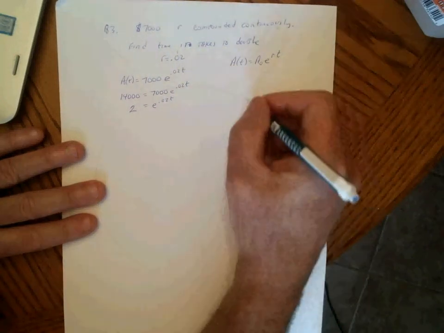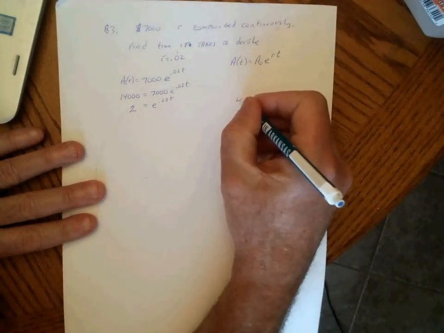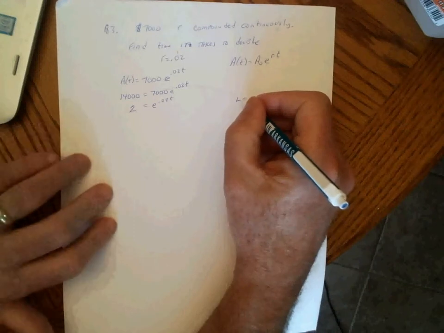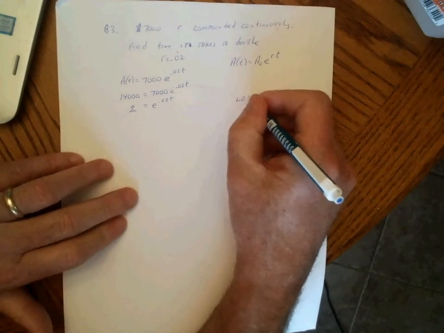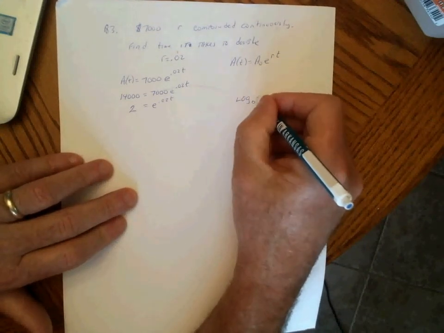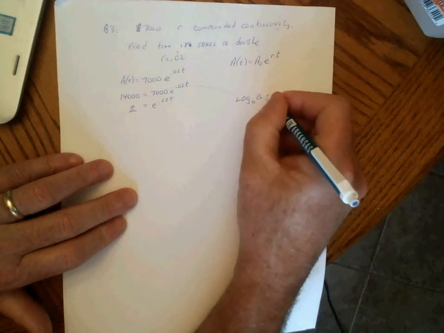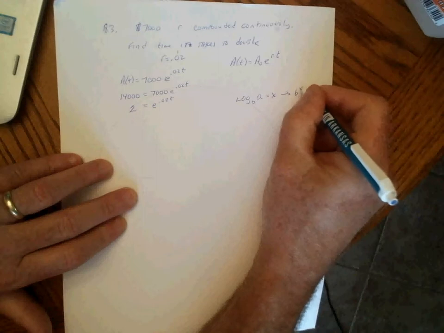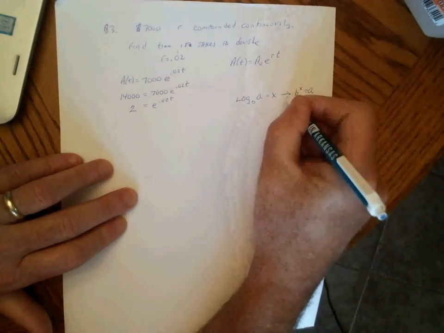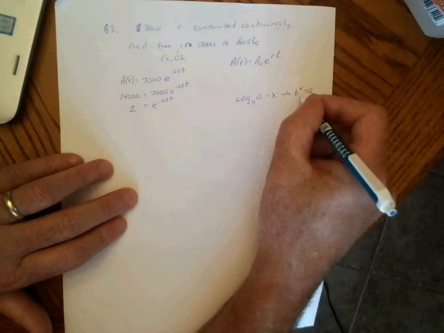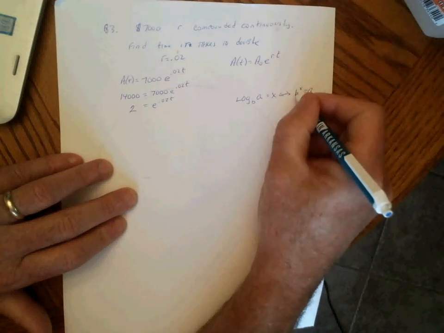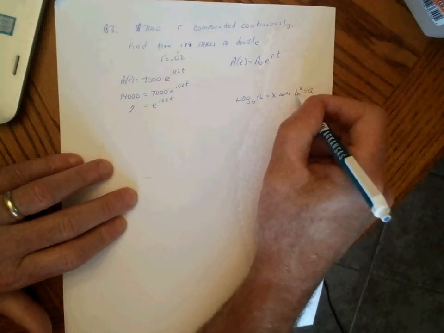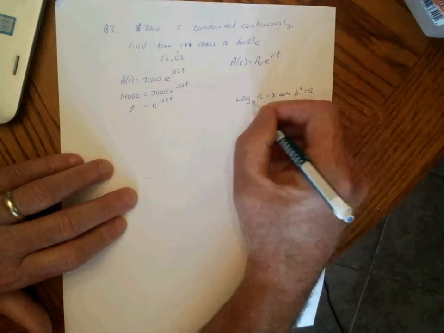Recall our first lessons on logarithms in the classroom. If we had log base b of a equals x, then that means b to the x equals a. If we can convert from logarithmic form to exponential form, we can convert back from exponential form to logarithmic form. So we say the base is the base of the log.